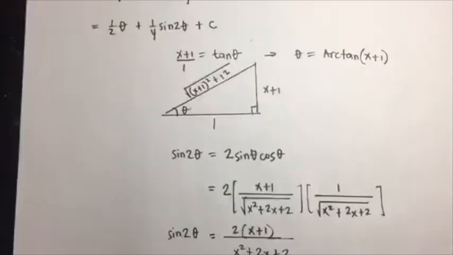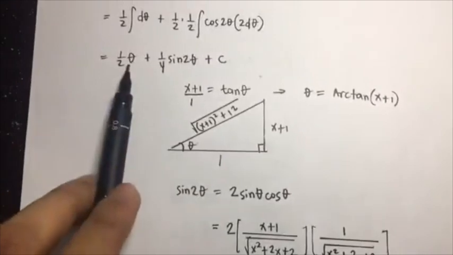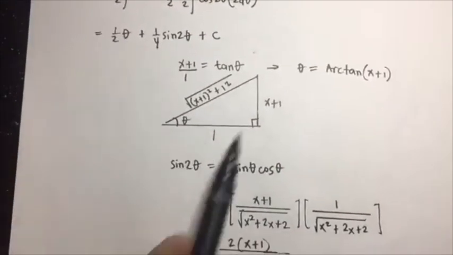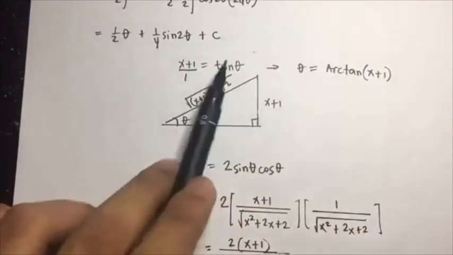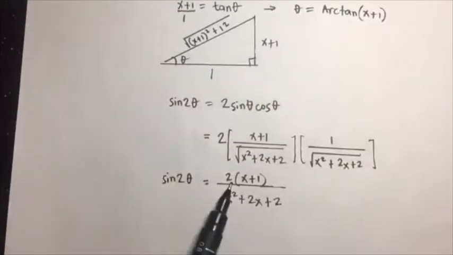Going back, we will substitute theta is equal to arctan of x plus 1, and sine 2 theta with this one.